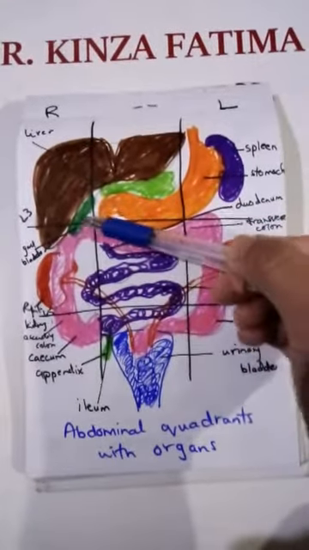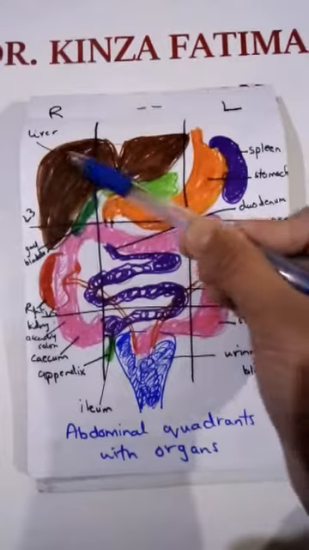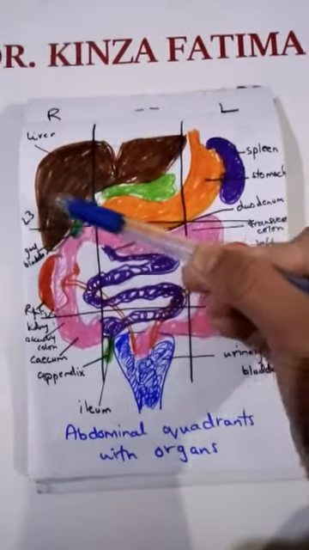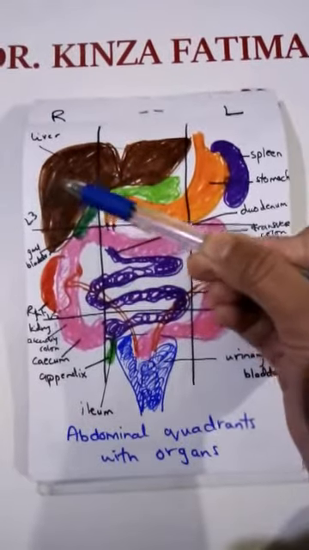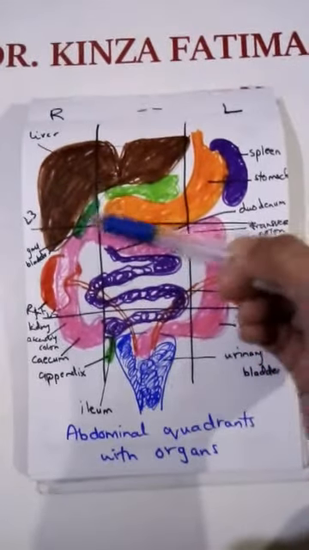For example, in cholecystitis, the skin and superficial fascia over this area become tender. The right hypochondrium becomes tender due to cholecystitis beneath.